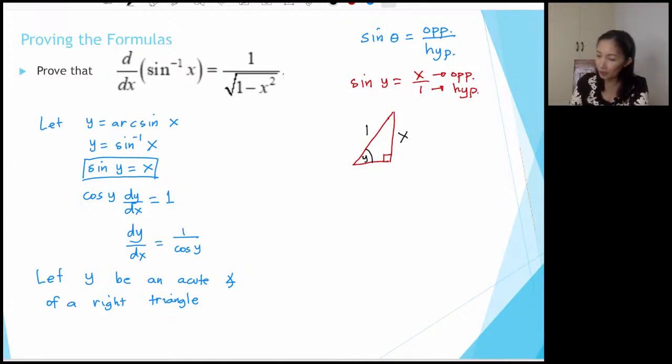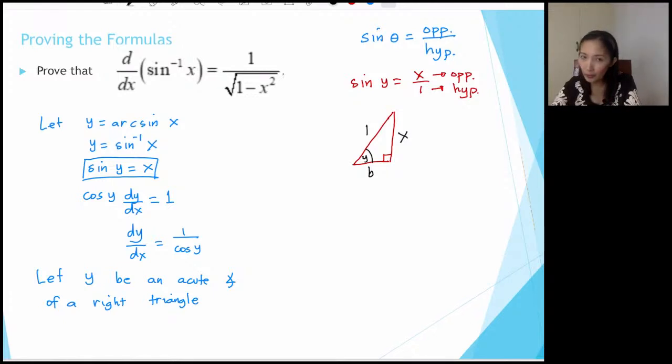But take note that a while ago we ended up with cosine y, and we want to find out what cosine y is from our right triangle. So we can now define cosine y. If this is 1, if this is x, one side is missing. Let this be b. Now, remember from the Pythagorean theorem that the sides of a right triangle are related by a squared plus b squared equal to c squared.